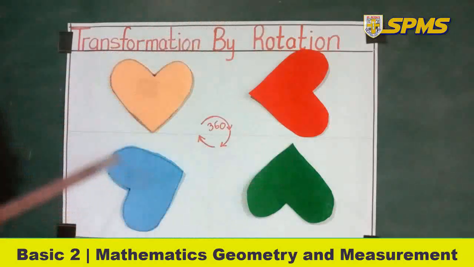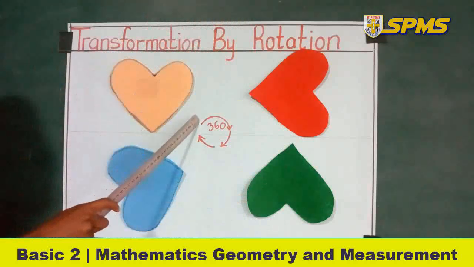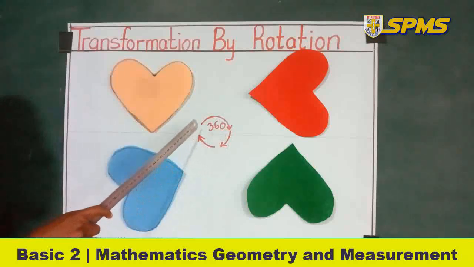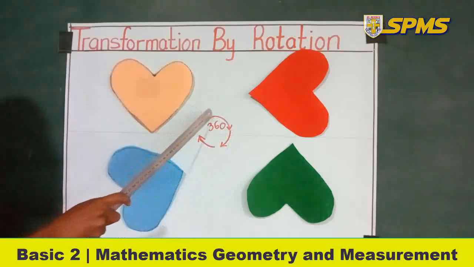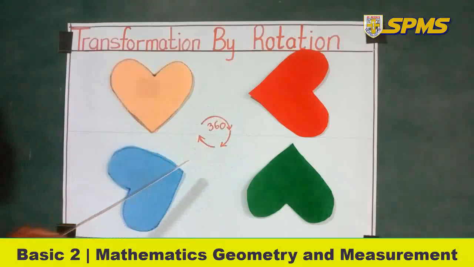But what is the feature? The feature is that when you are moving clockwise or anti-clockwise, you should move 360 degrees. You move clockwise 360 or anti-clockwise 360.